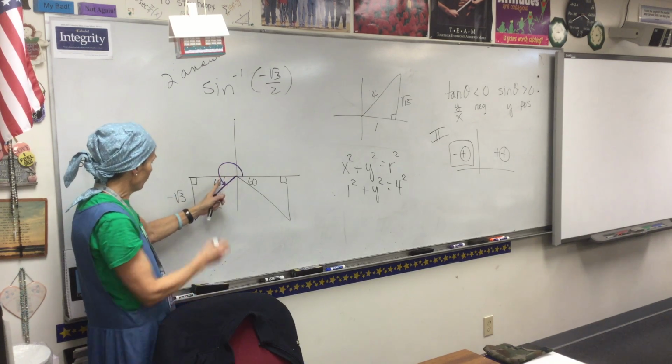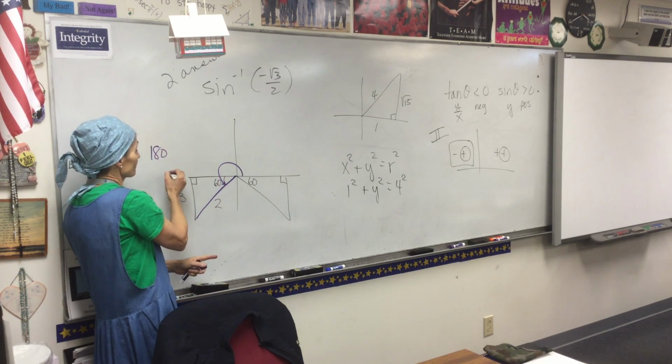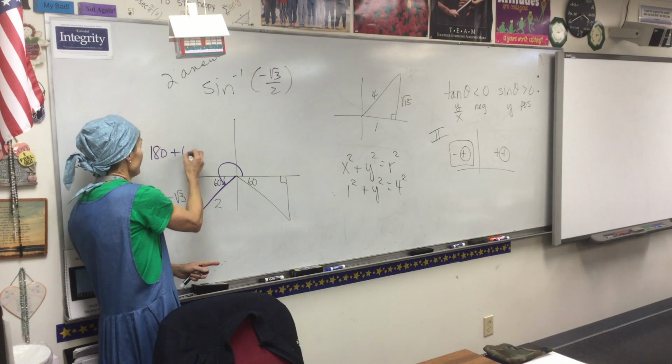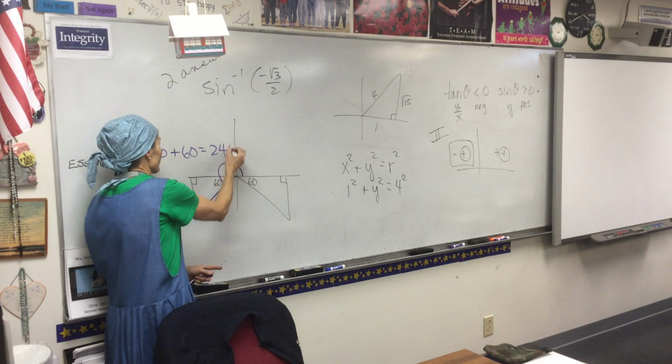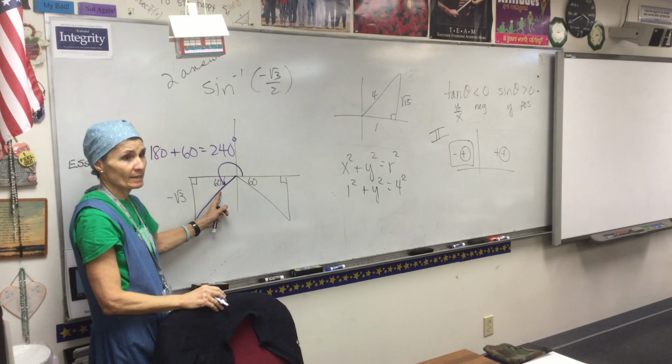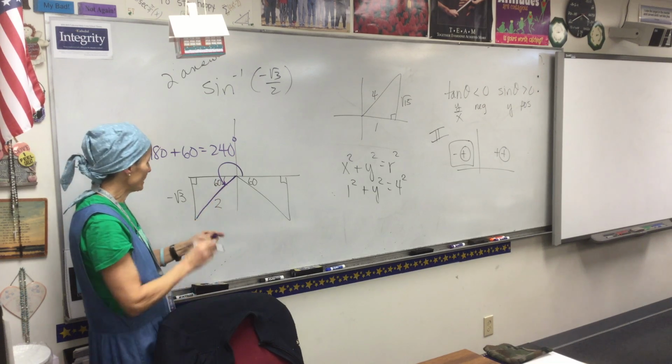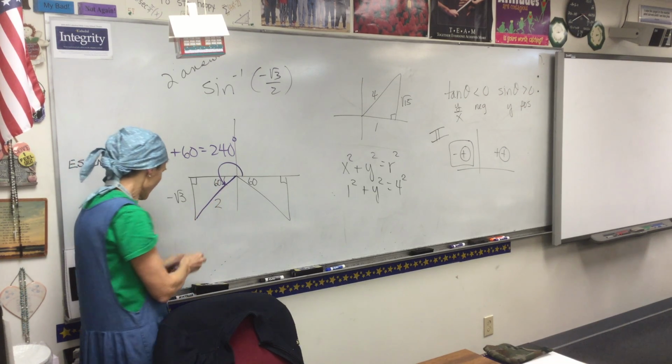So 180 plus 60. Aren't I going past 180? So I have to go 60 past 180, so 180 plus 60.